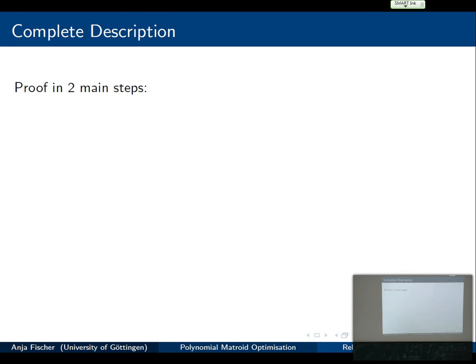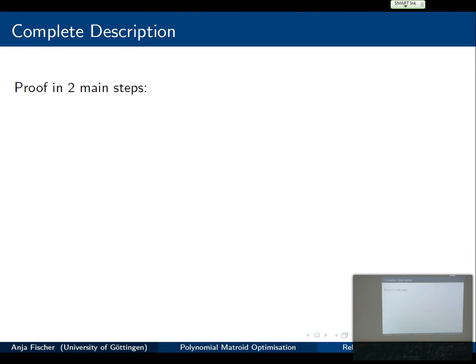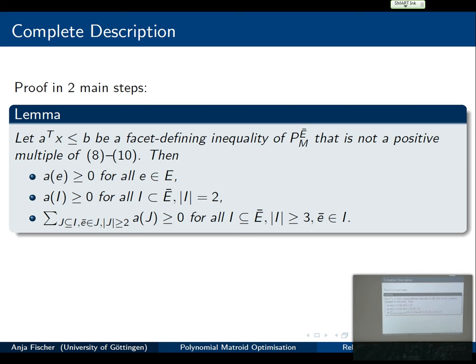So, the proof is in two main steps, and some of you, I think, have the proof in the lectures for the Matroids. We do this in two steps. And the first one is the complicated step.